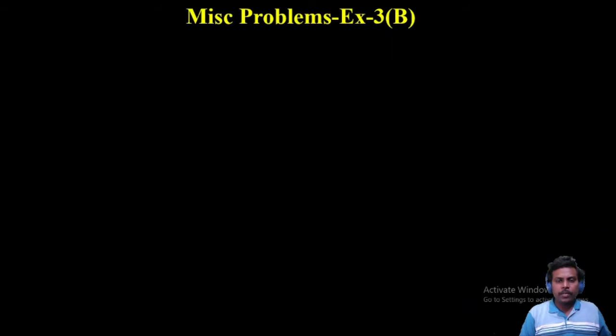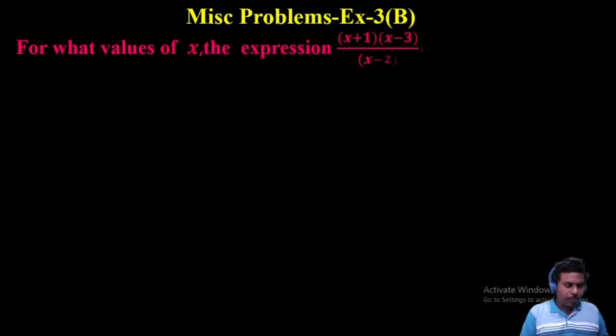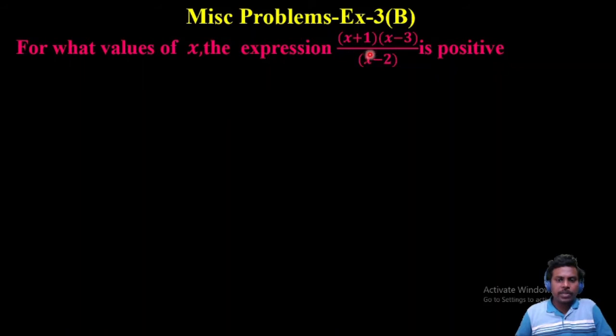Let me discuss a problem on change of sign of quadratic expressions. Here is the problem. For what values of x is the expression (x plus 1) into (x minus 3) by (x minus 2) positive? Let us find the solution.